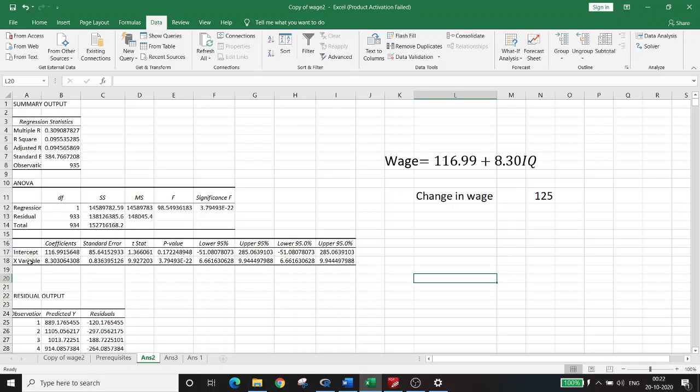And the value of the x variable, which is IQ score, is 8.30. So our estimated regression equation becomes, and mind you, that's why I've not written any residual term, wage is equal to 116.99 plus 8.30 IQ.